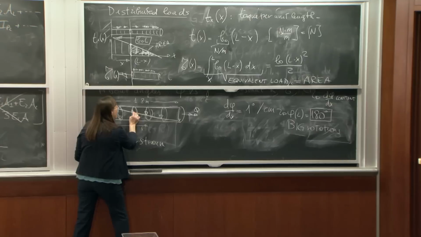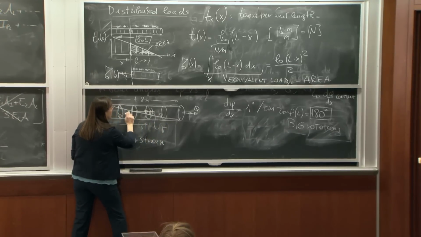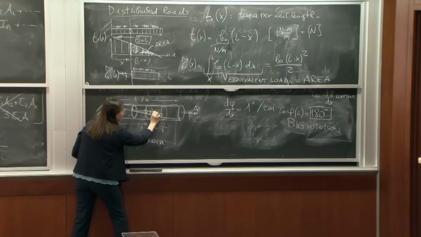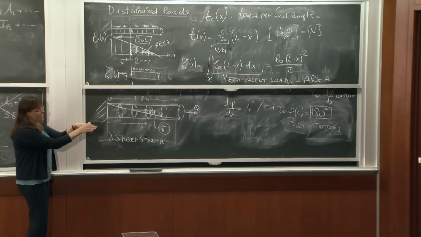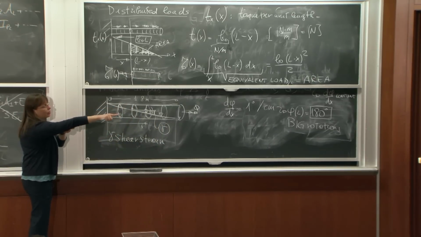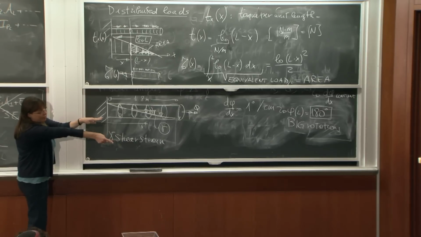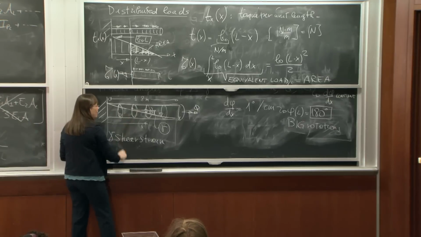If I go there with a pen and I make a line straight along the shaft and I measure this angle here between the line along the shaft that has rotated and any horizontal line on the shaft, that's gamma. So if my line was on top and then the shaft rotates and my line gets to the bottom, if I measure the angle between this line that has rotated and any horizontal line, that's my shear strain gamma.